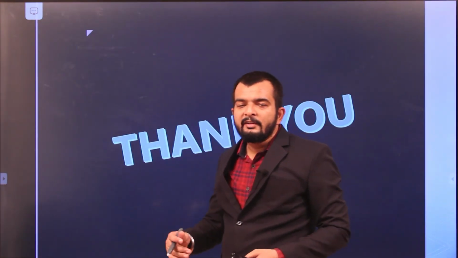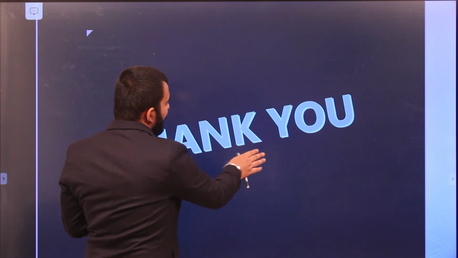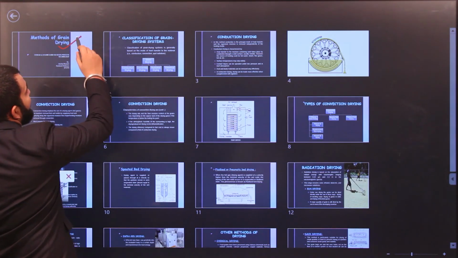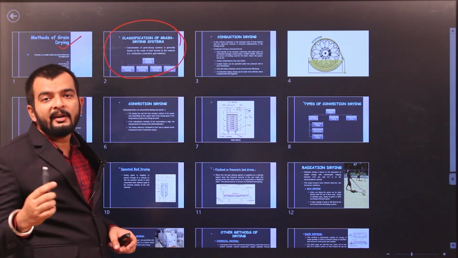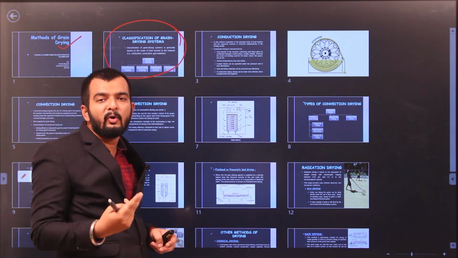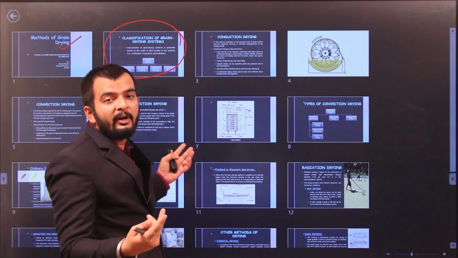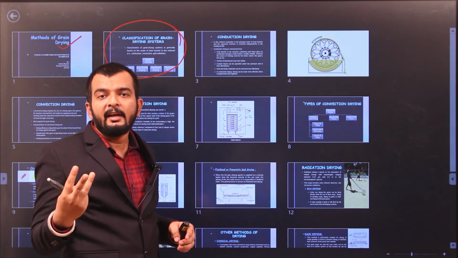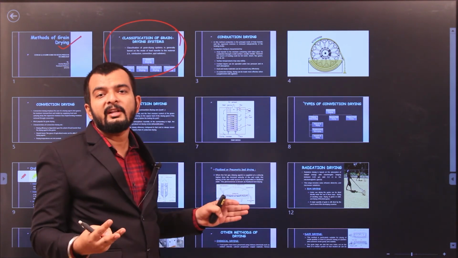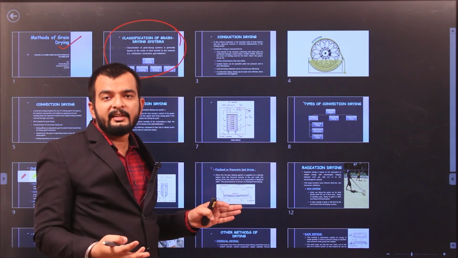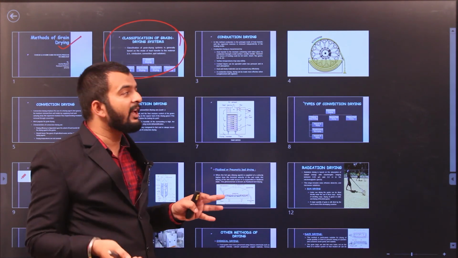So that is all in this lecture. Let's just revise once. Under methods of drying, we studied classification of grain drying systems. Under classification based on the mode of heat transfer, we have conduction drying, convection drying and radiation drying. Using chemicals is also involved, so there are other methods like chemical and sack drying.